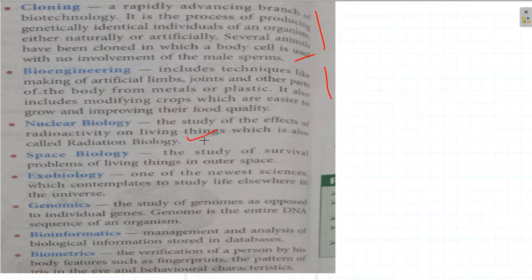Space biology is the study of survival problems of living things in the outer space. Exobiology, it is the latest branch of science, which is the study of life elsewhere in the universe.